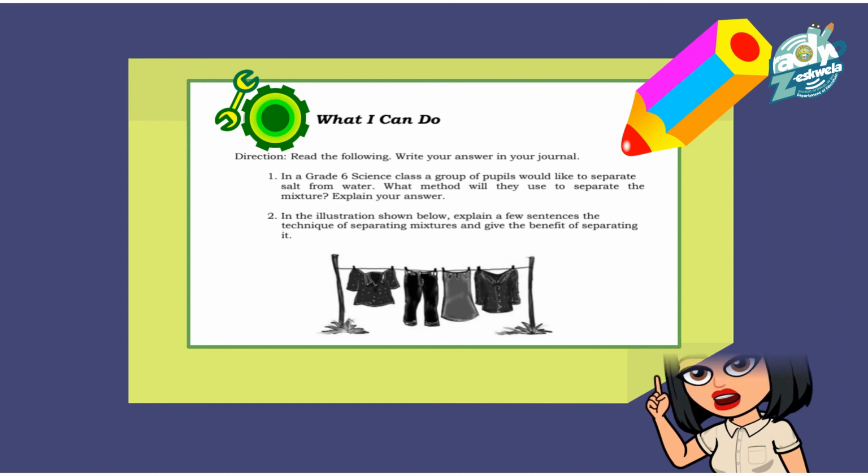Since we only have limited time in doing all the exercises, I would like you to continue answering the remaining exercises in this module, starting on page 6, What I Can Do. Please write your answers in your science notebook or journal. Don't forget to read the directions.